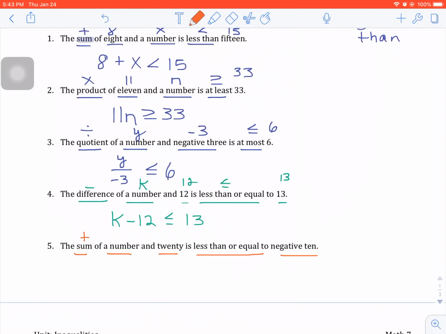The sum is the answer to an addition problem of a number. Let's use F for frame. And 20 is less than or equal to -10. So I'll give you a second to see if you can write that inequality based on that information.